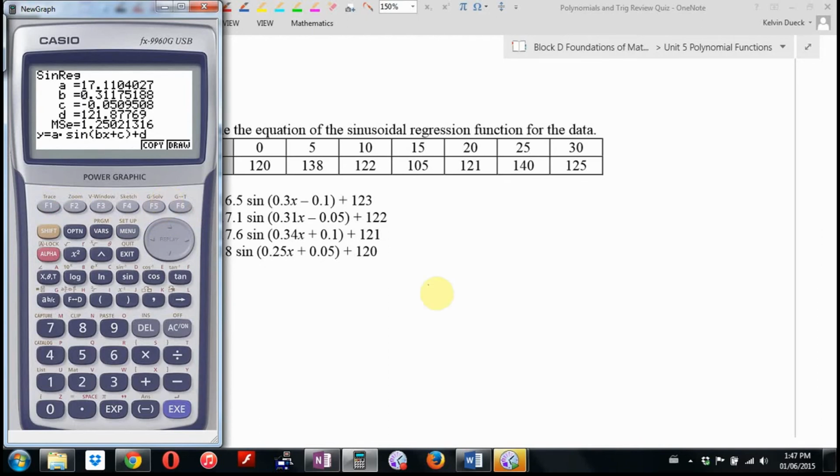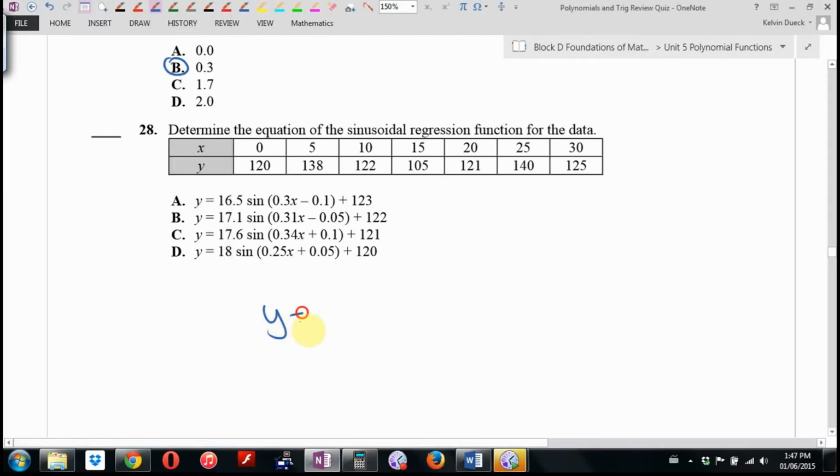Y equals 17.1 sine. You know what? Why can I quit right there? Mark? Yeah, you know what? Sorry, didn't mean to cross that one off.